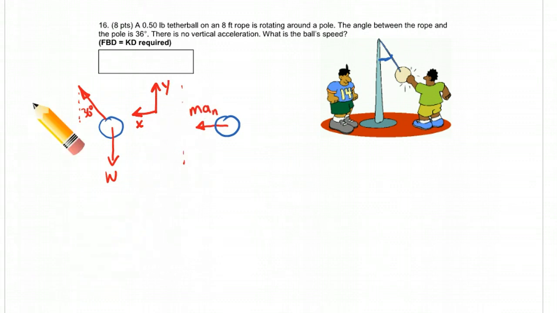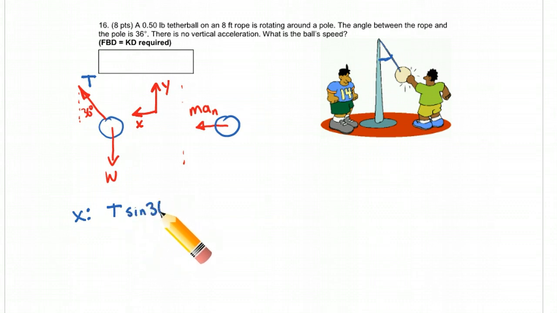And we'll write our x equation here. So in the x direction, which is to the left, and we'll label this as the tension in the rope, the tension in the rope times the sine of 36 is equal to the mass of the ball times the normal acceleration of the ball.